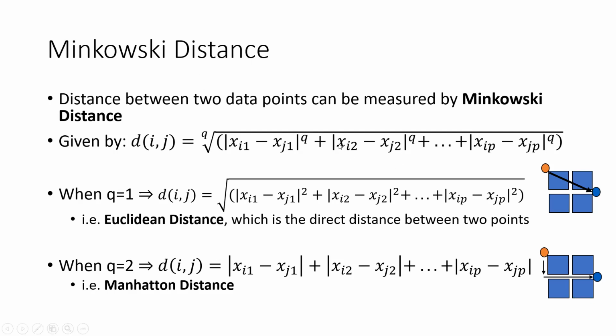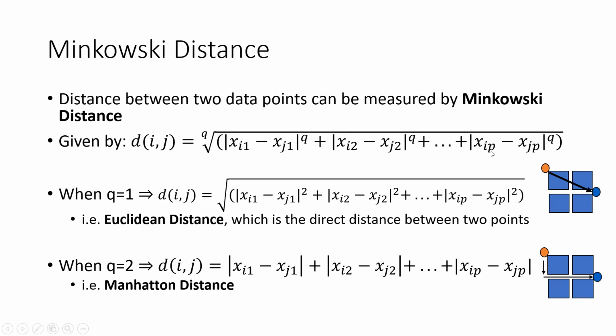And then similarly, we take the second dimension of xi and get the difference with the second data point, and get the absolute value and take the power of q, and so on up to the jth dimension. So suppose there are p dimensions. For each of the dimensions, we take the difference and take the absolute value, right?